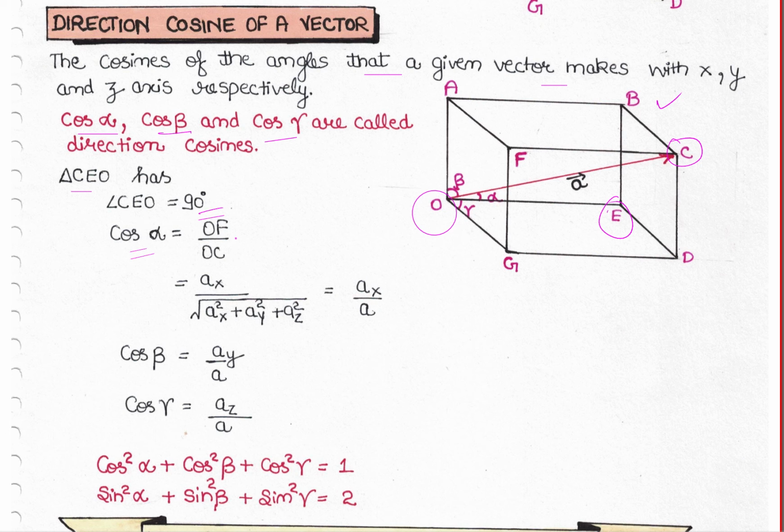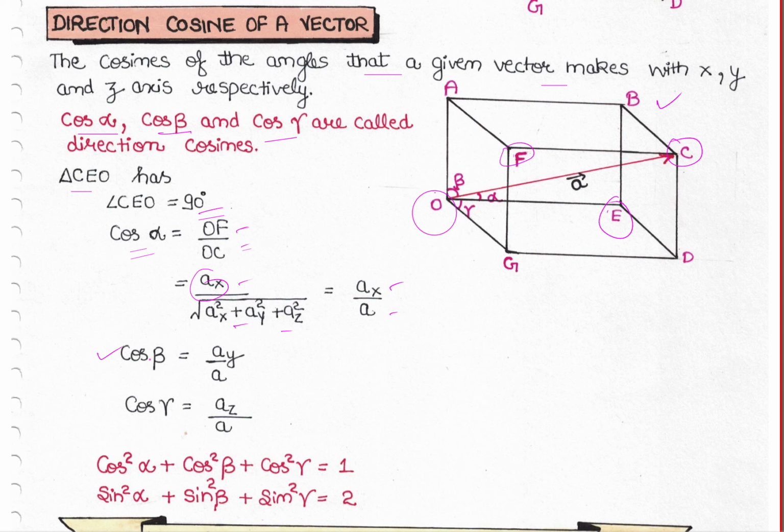So cos alpha is equal to OF by OC, or AX by square root of AX square plus AY square plus AZ square, which is equal to AX by A. We take AX, AY and AZ along X, Y and Z axes respectively.